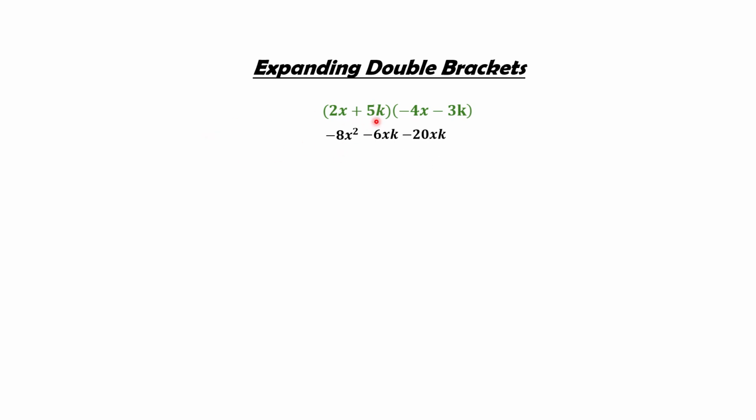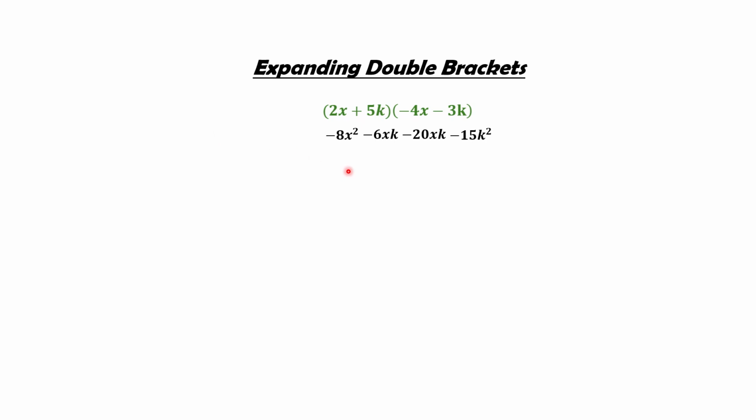Last, 5k times negative 3k. These two. So 5 times negative 3 is negative 15. K times k is k squared, so it's negative 15k squared. So now we need to combine like terms.